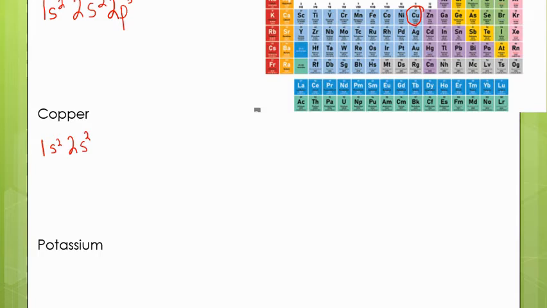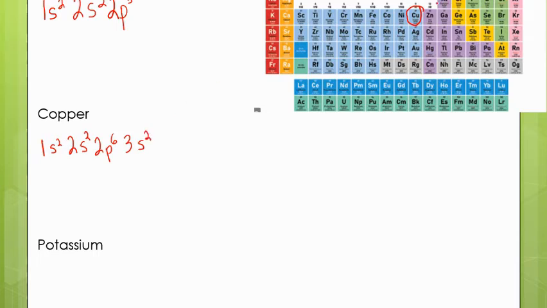Then we go over here. Our n number is 2, and we're in the p block. We need all of those. So that's 6. Then numerically, we go down to sodium and magnesium. This is 3. We're in the s block, and we need both electrons.